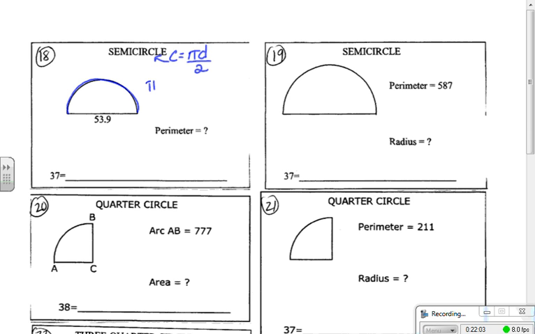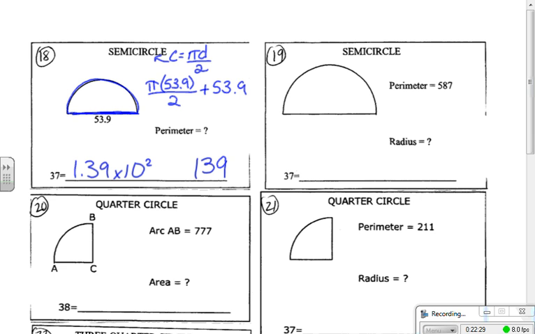So we have pi times 53.9 divided by 2. And that gets us the arc. And we then need to add in our distance across, our diameter. So we'll add the 53.9. And we get a perimeter of 1.39 times 10 to the second power, which is the same as 139.